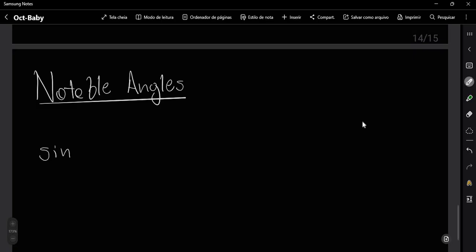So we got the sine, and the notable angles, they are 30, 45, and 60. And you might be familiar with this table.